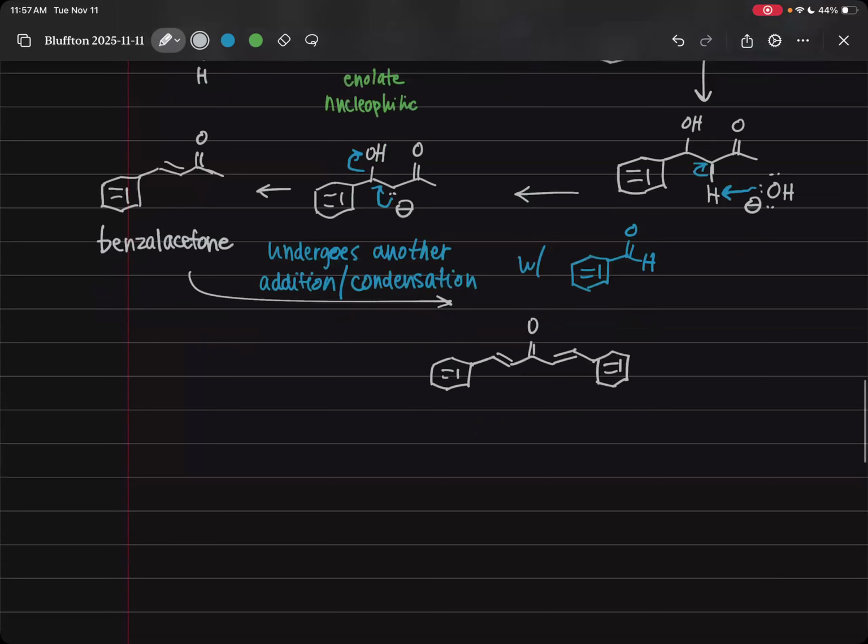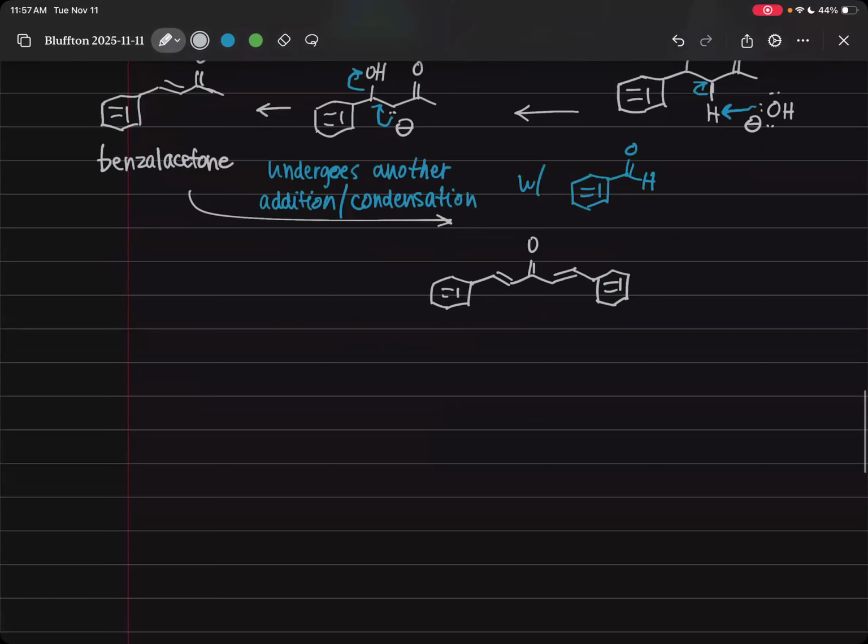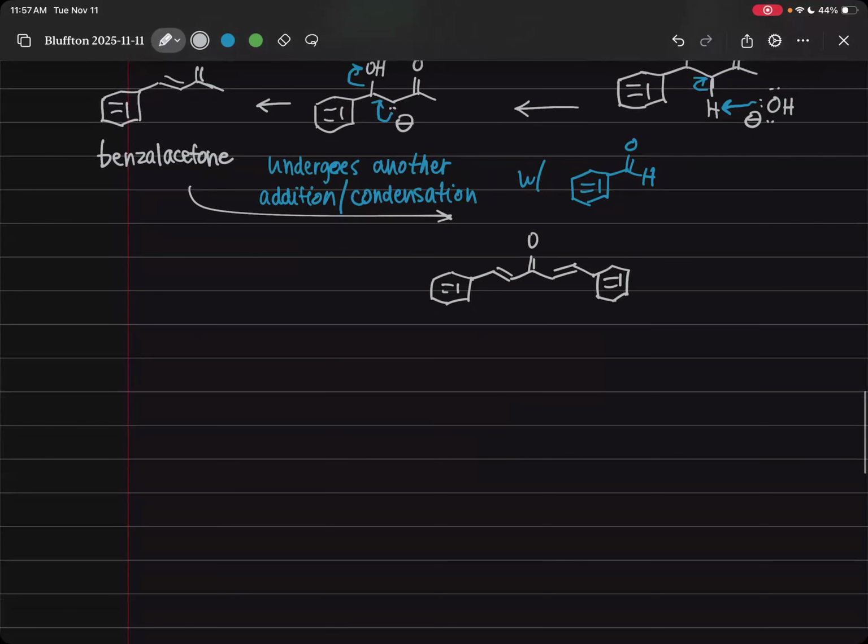Okay. Let's do a little practice with, I'll leave that there for you. Predicting products, not necessarily doing mechanisms. So let's do the aldol addition of that molecule to itself.